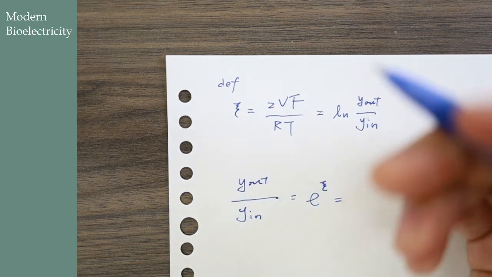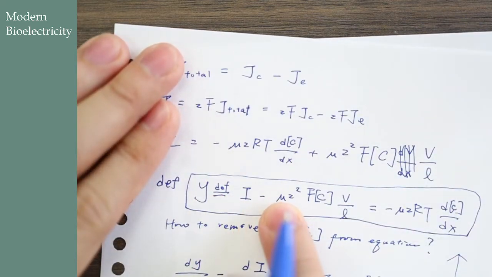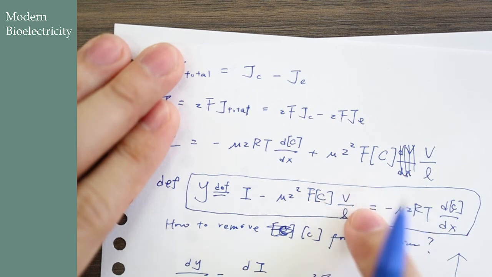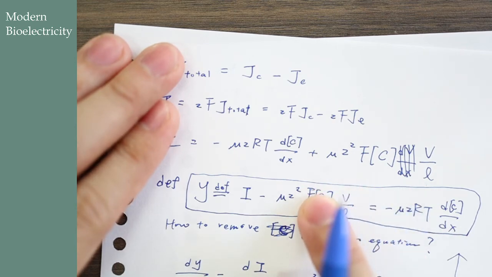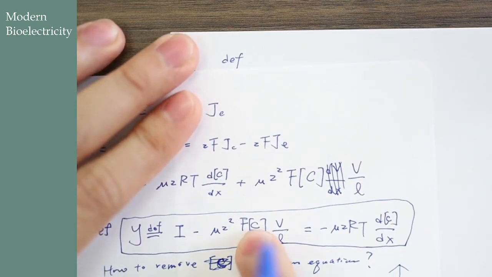Y is equal to I minus mu Z square F C beta divided by L. C is the concentration, so Y out is the concentration outside.